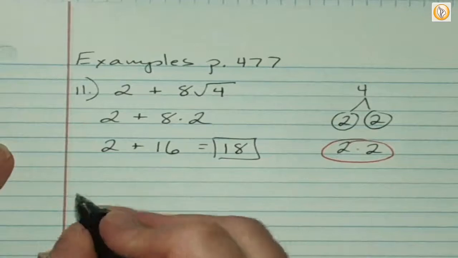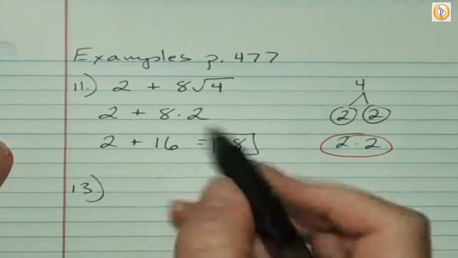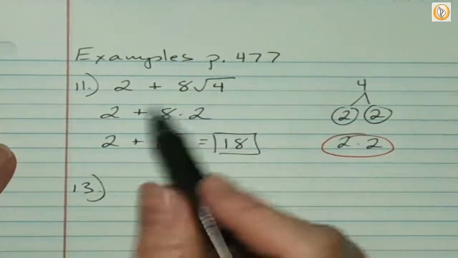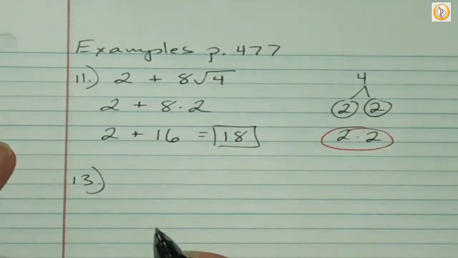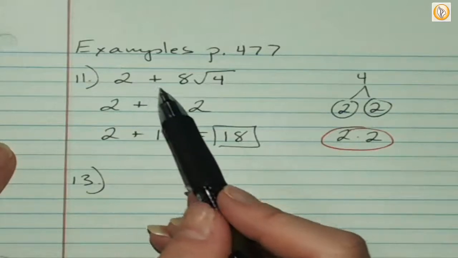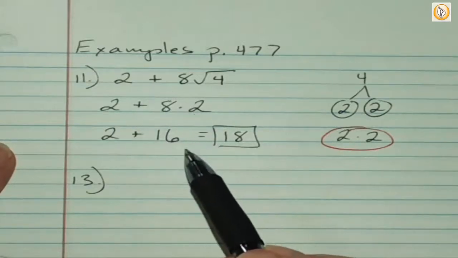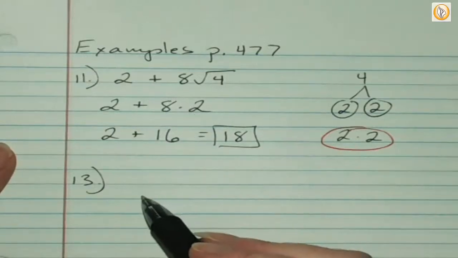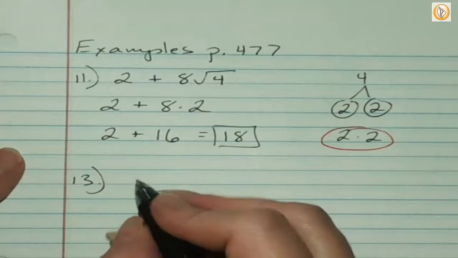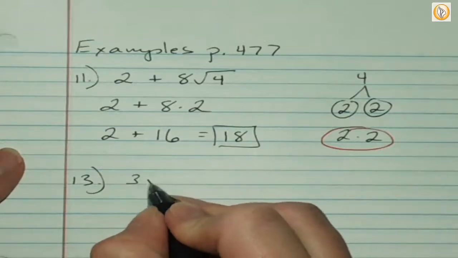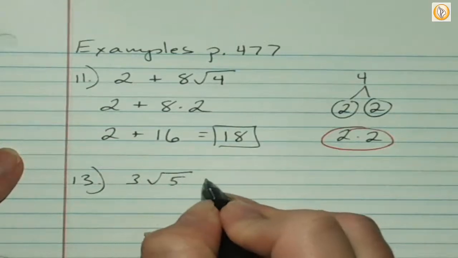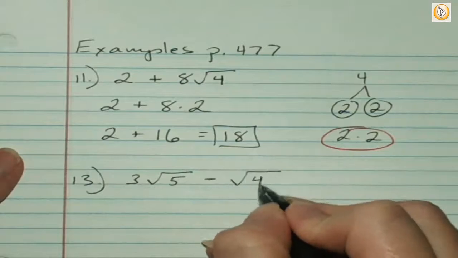Okay, well, let's look at 13. Does anyone have questions on 11? No. Okay, but do you see how this went? Yes. How about if I have, let's look at 13. 3 times square root of 5 minus square root of 45.